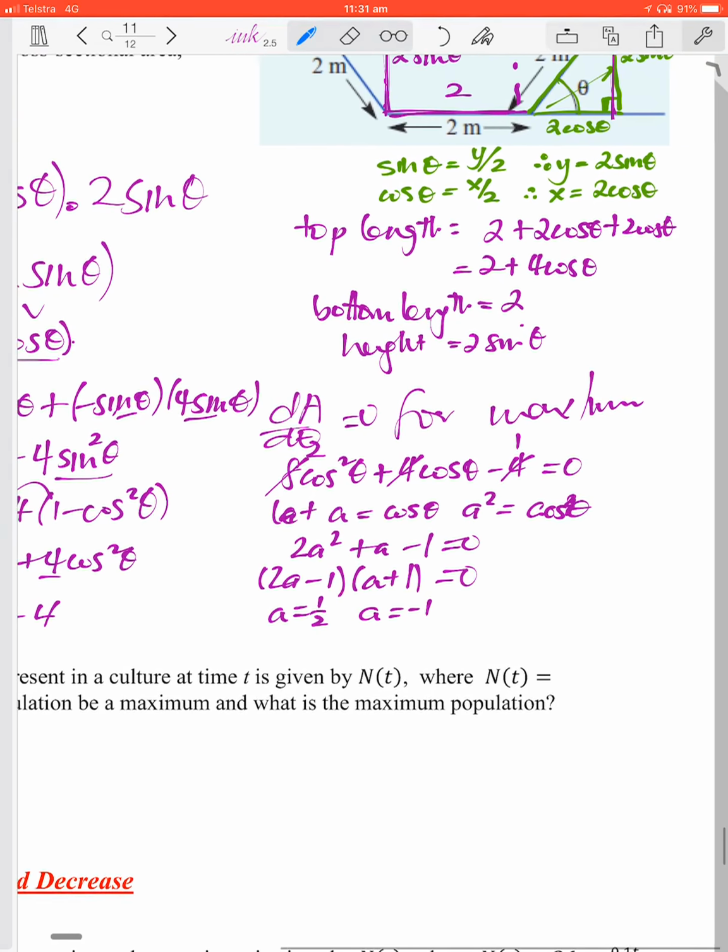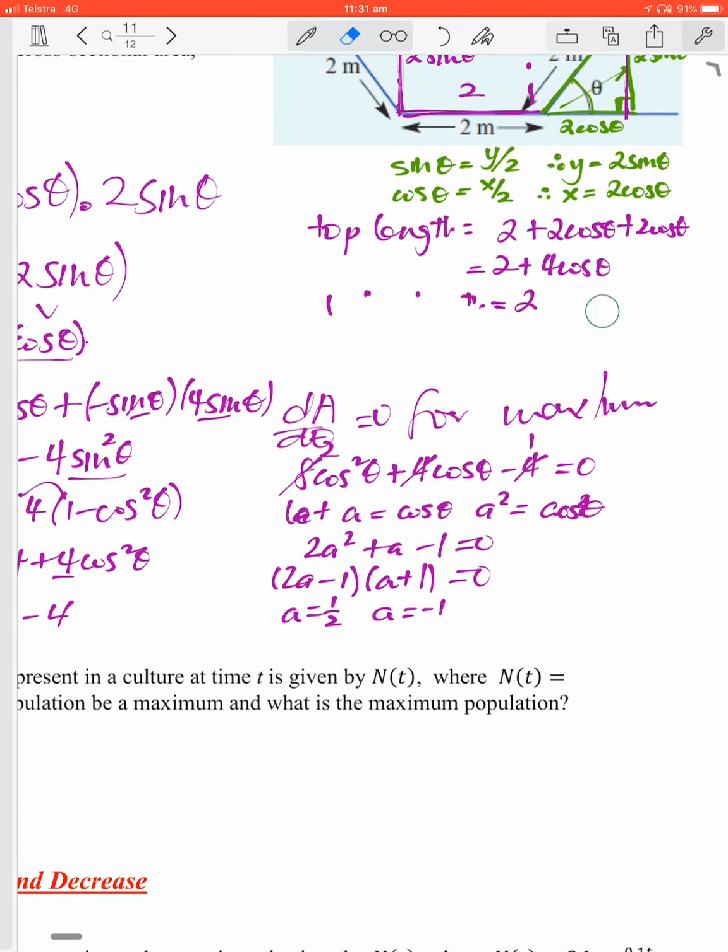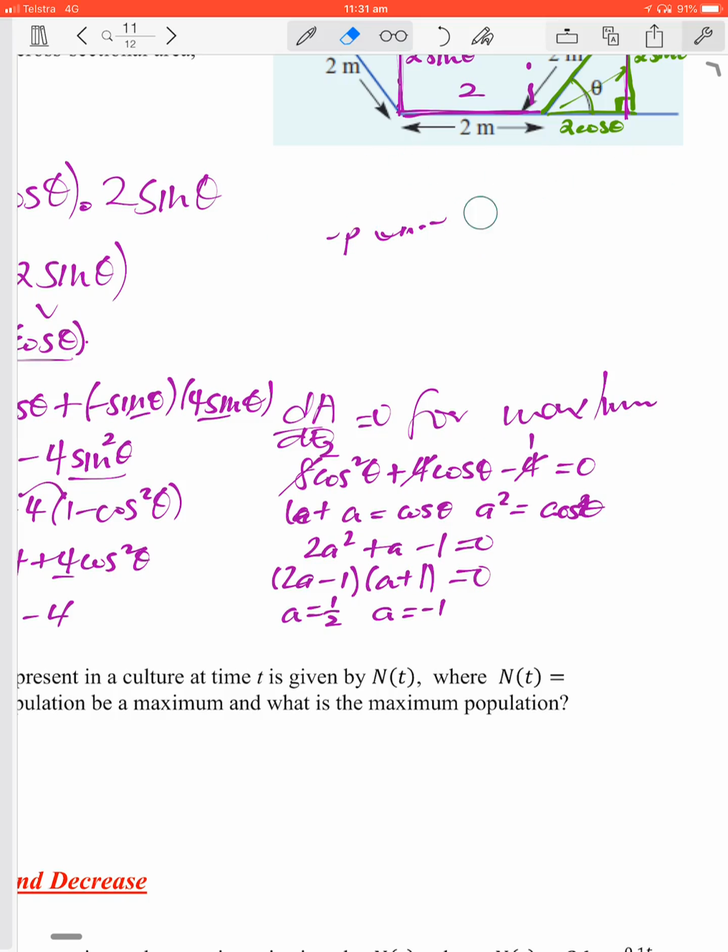Okay, where can I go to? I'm going to go up to here. Now, if a equals 1 half, cos θ equals 1 half, and we know that if we've got cos θ, we've got 1, 2, root 3. If it equals a half, then my angle's π on 3.